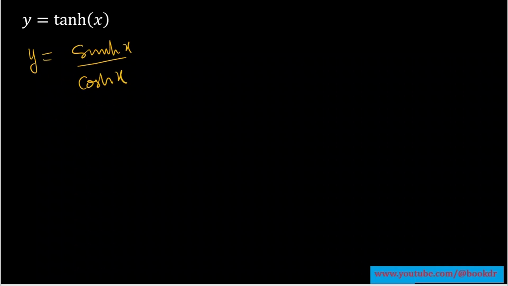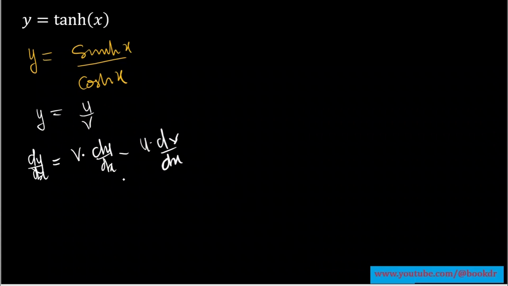Then we use the quotient rule of differentiation. You know, if y is equal to u over v, where u and v are all functions of x, then our dy over dx by the quotient rule is v dot du dx minus u dot dv dx all over v squared.